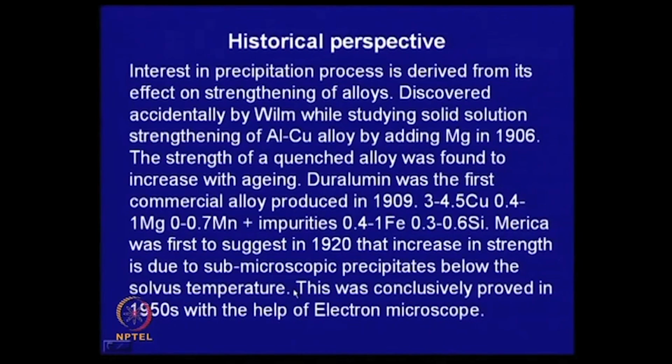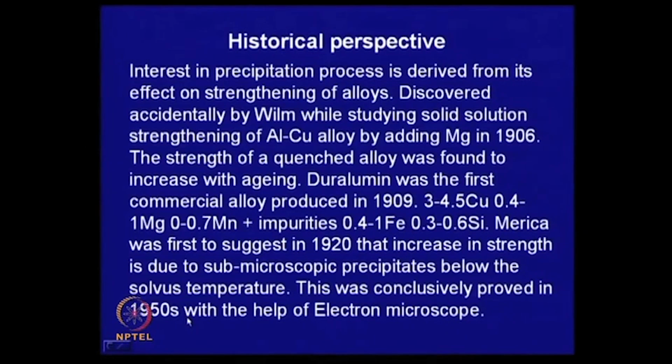He just put this as a postulate, and it was conclusively proved only with the help of the electron microscope, when the technique of sample preparation and examination in the transmission electron microscope became possible, in the 1950s.